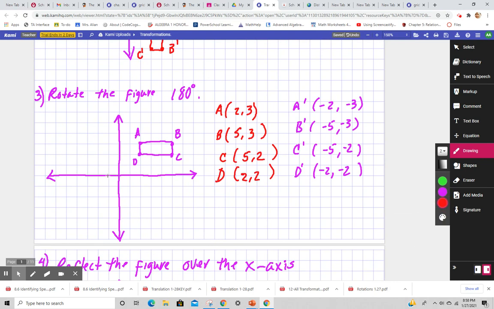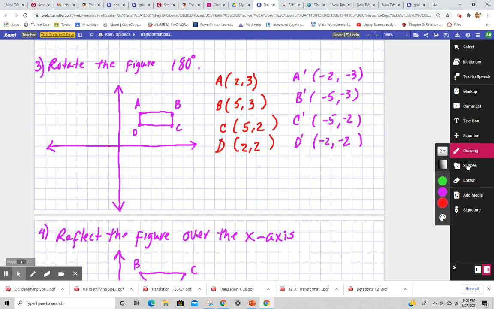All right, so -2, 1, 2, and down 1, 2, 3. This is A prime. -5, 1, 2, 3, 4, 5, and down 1, 2, 3. This is B prime. Okay, so all we have to do is plot these points.